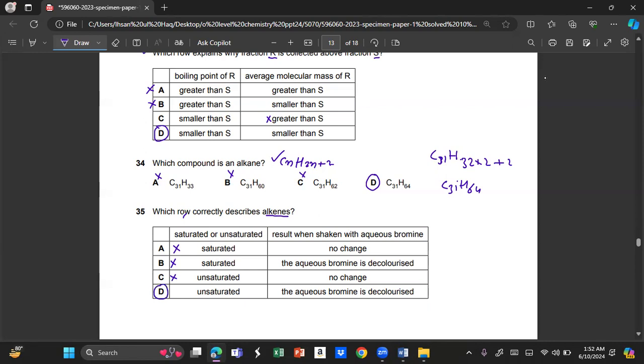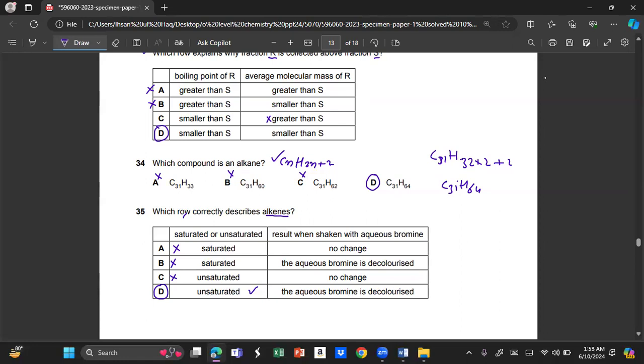Why is it correct? Because it fits the concept of alkenes. Alkenes are unsaturated, and yes, they react with bromine water. When bromine water reacts with an alkene, the reddish brown or orange color of bromine is decolorized. This is a very, very important question.